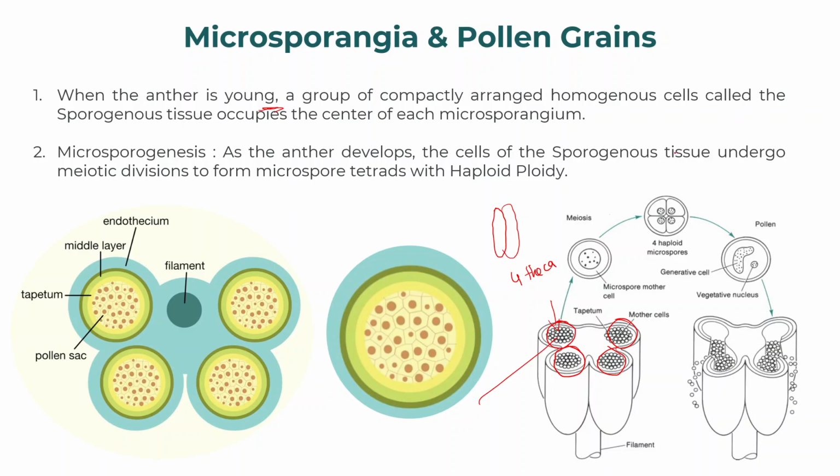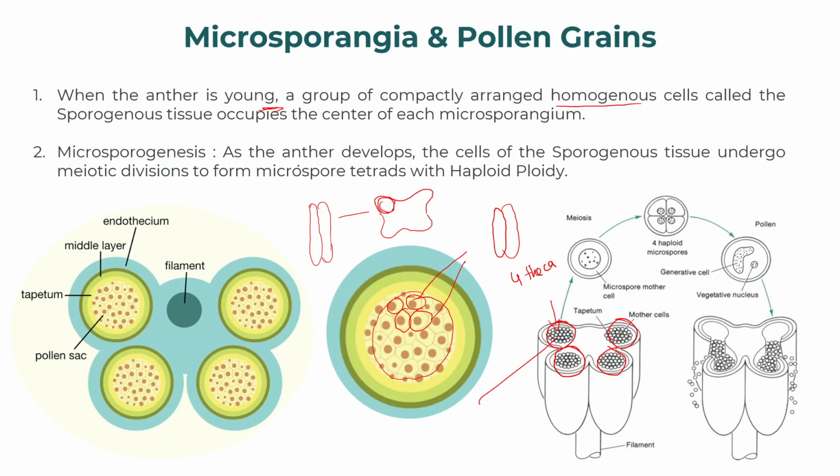What it is trying to tell you is that at the very young stage of the anther, the space in the four thecas is filled with some tissues, or homogeneous cells, which look very similar. You could see here, all these cells are sporogenous tissue.